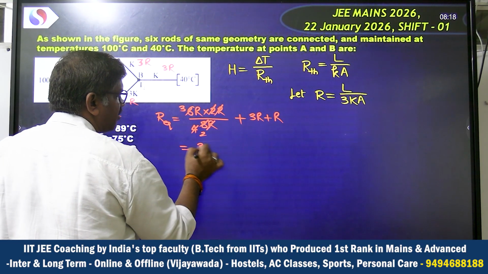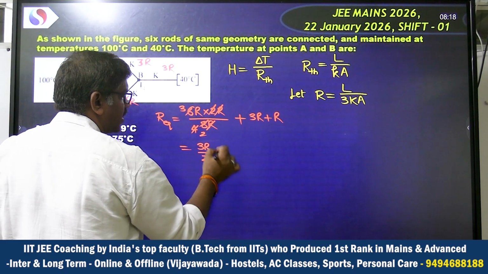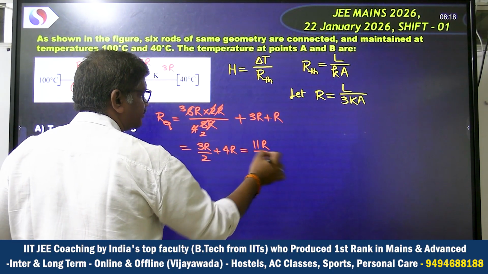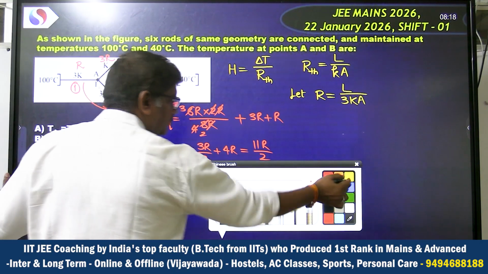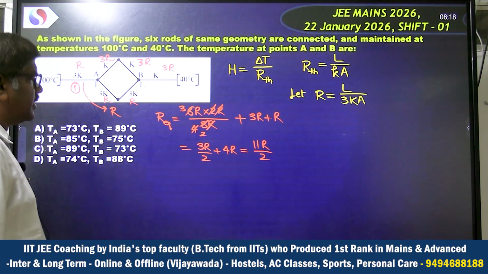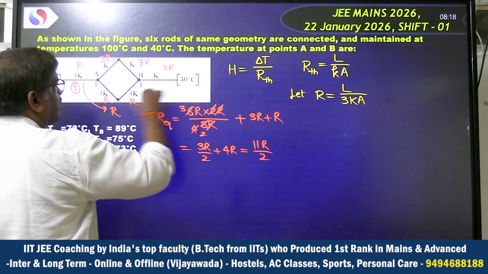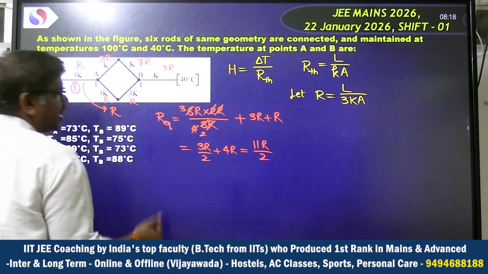That gives 3R by 2 plus 4R, which is 11R by 2. So the equivalent R of this circuit is 11R by 2.